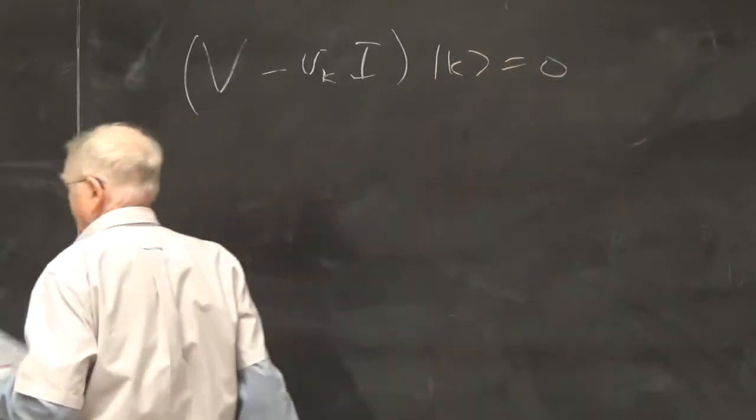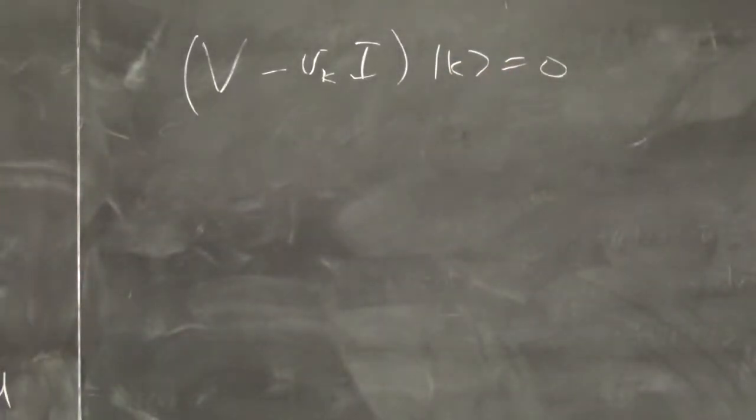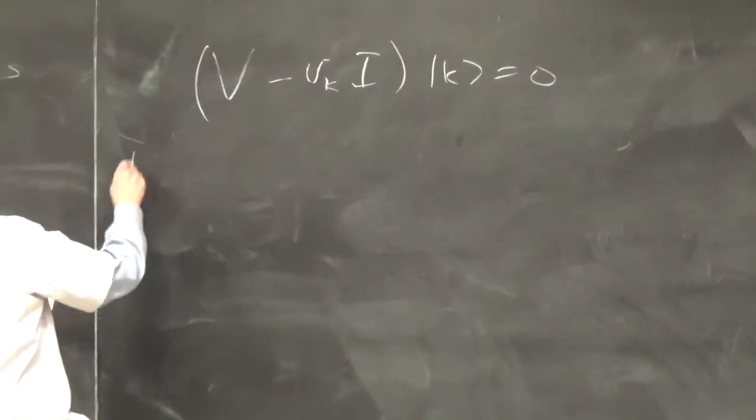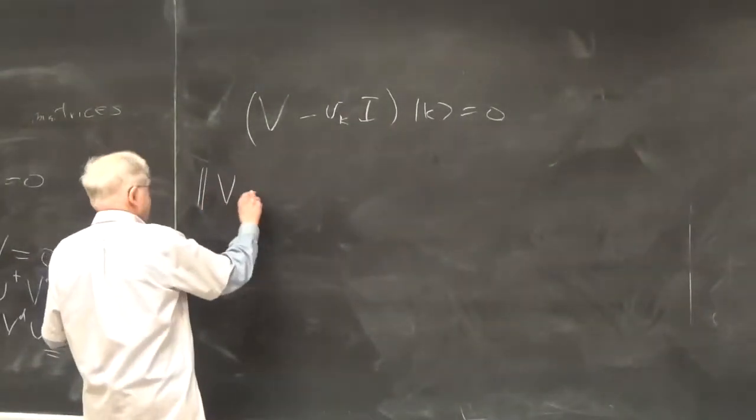Suppose K is an eigenvector of V. Then (V minus VK I) K is 0, and so the norm of that vector is also 0.